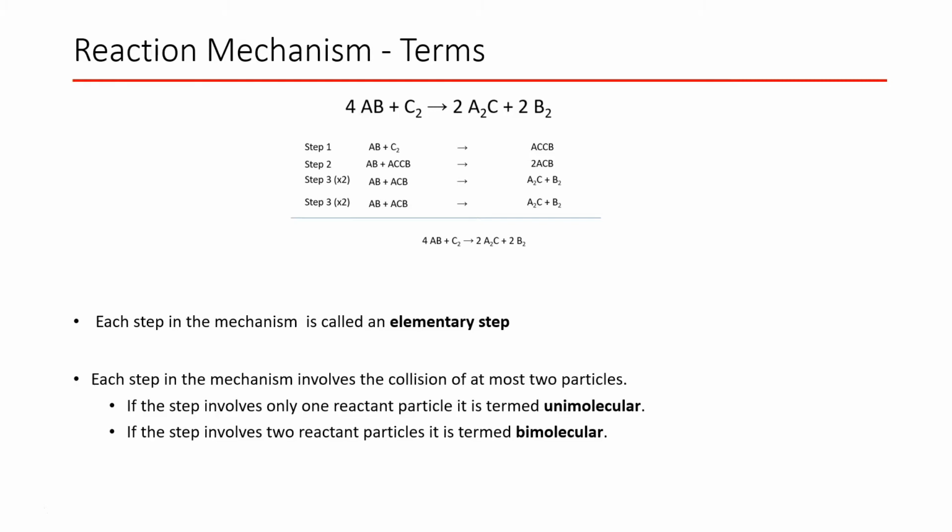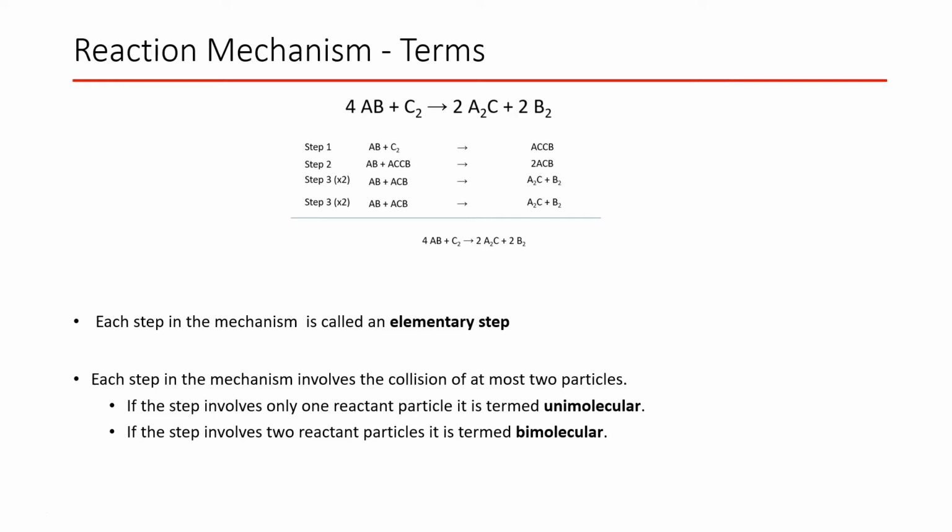Secondly, we want to recognize that each collision is usually a collision between only 1 or 2 particles. So either it's a decomposition or reorientation of 1 particle, or it involves 2 particles colliding. And this increases our probability of them having the correct energy and the correct orientation.